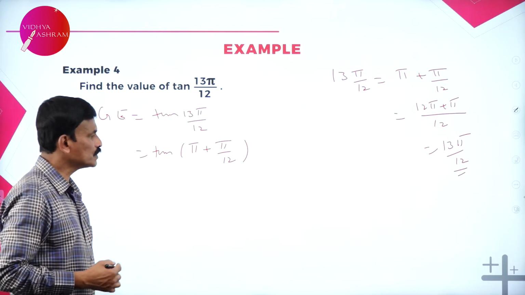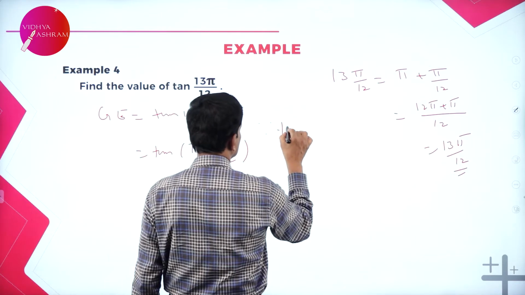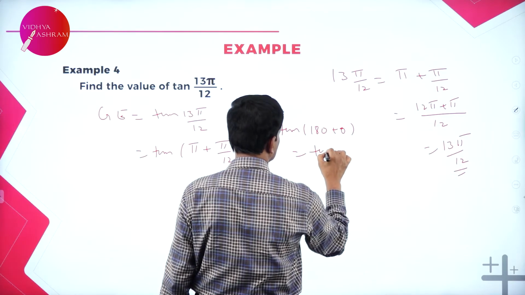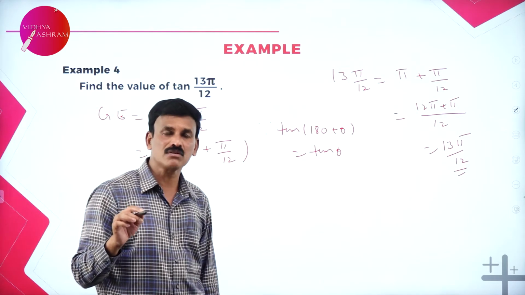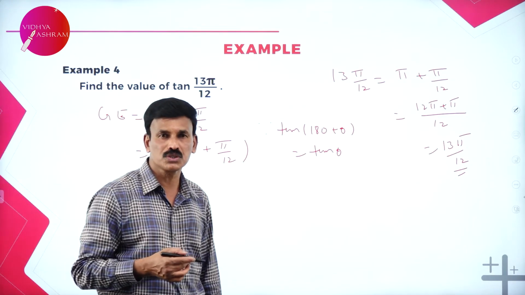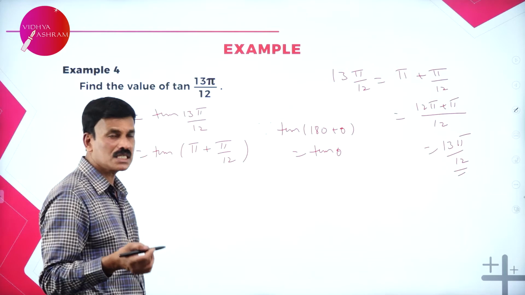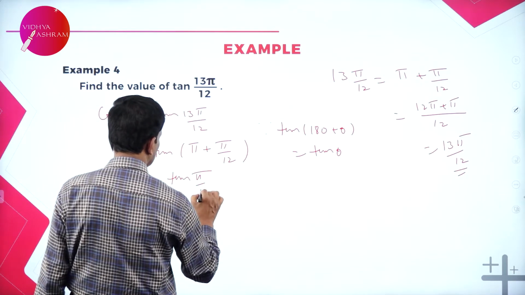Here we have to simplify this. There is one relation: tan of 180 plus theta is equal to tan theta, because in the third quadrant tan and cot are positive and there is no co-rule. So the same trigonometric ratio remains here. So tan 180 plus theta is tan theta. So this can be written as tan of pi by 12.